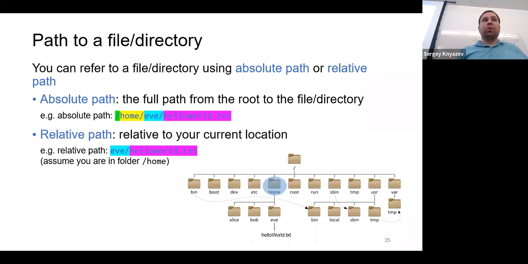It belongs to user if, and it has a constant absolute address: root, home, if, hello world, right? So an absolute path always starts with this slash. Okay? A relative path always starts with a letter or number, a legal name for your file.